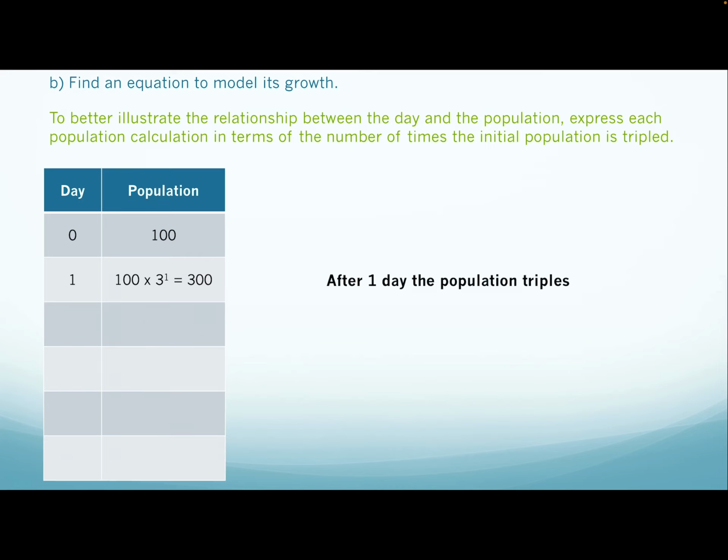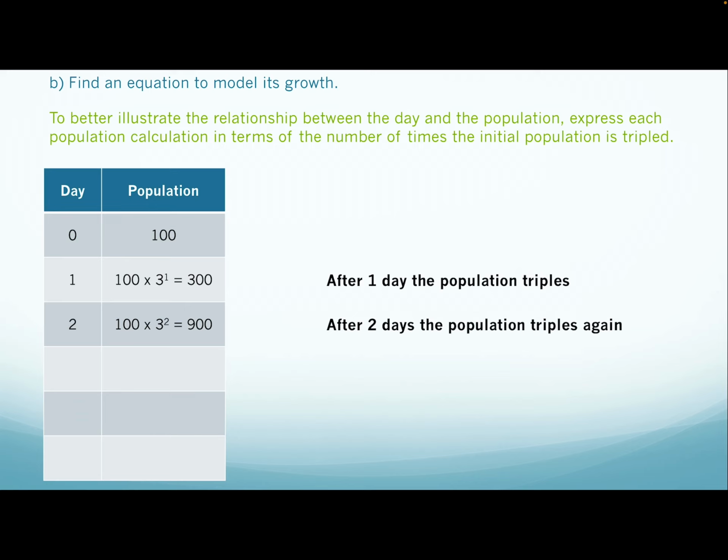So what we mean by that is after day 1, it's been multiplied by 3 just once. So we write it as 3 to the exponent 1. That gives us 300. On day 2, that 100 would actually triple twice. It would triple once for day 1, and then it would triple a second time for day 2. So 3 squared gives us 9, so we would get that value of 900.